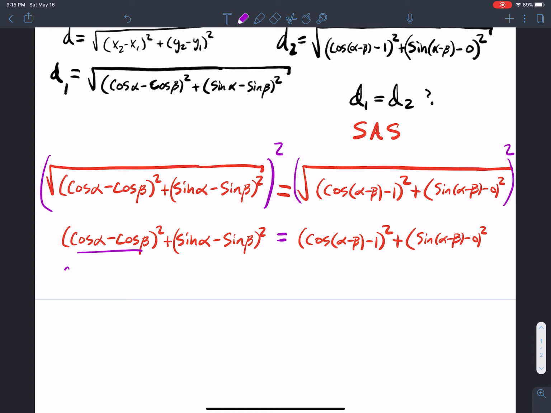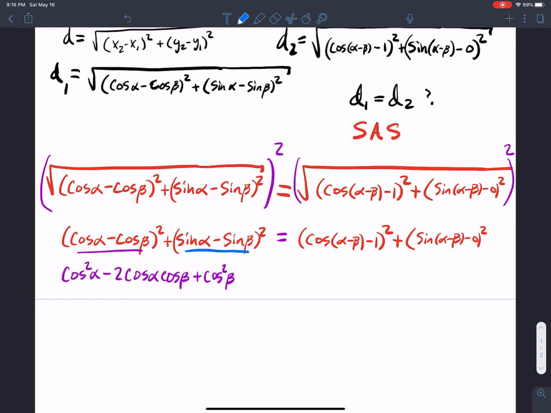Well, I'm going to get cosine squared alpha minus 2 cosine alpha cosine beta, and then plus cosine squared beta. Okay. Then I'm going to square this out.